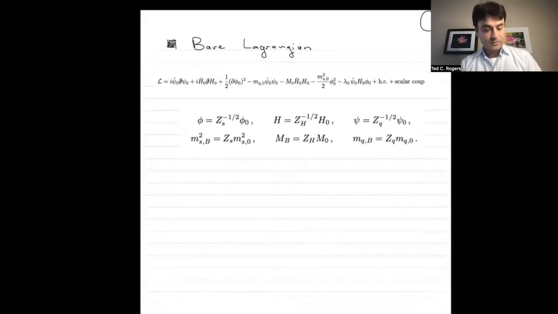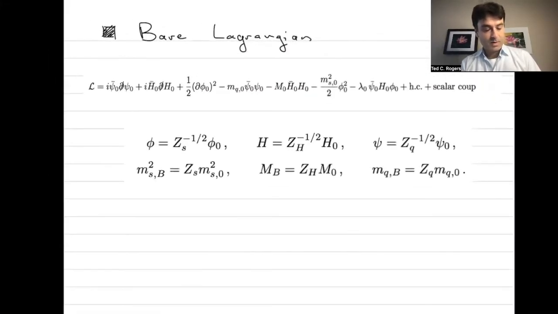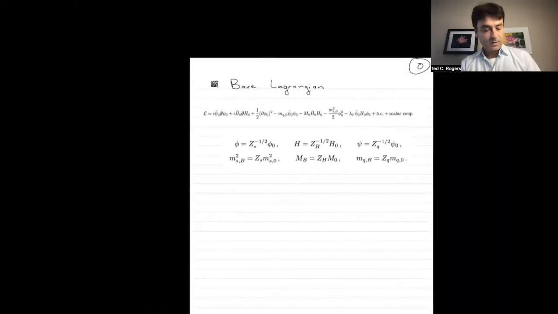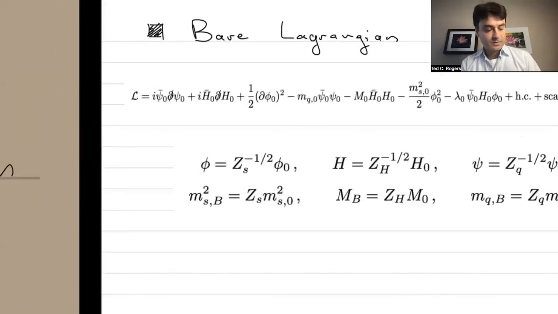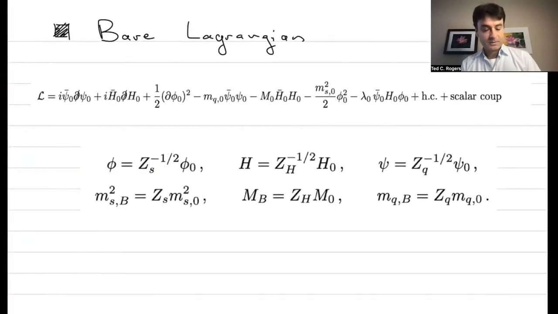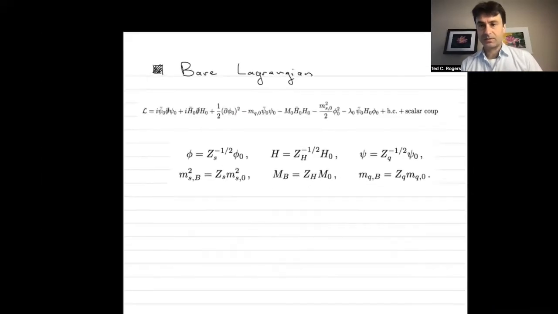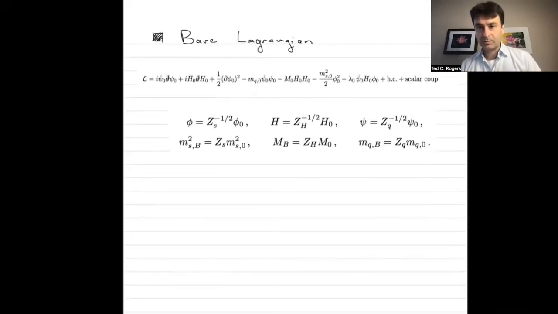And you can see that reflected in the way I've labeled the mass terms. So the quark field, psi bar psi, has a mass term m sub q for quark, and h bar h has a capital M. And then we've got the scalar field here, and its mass term here, there's an s for a scalar. You could think of this as like a scalar gluon perhaps, or a pion maybe.